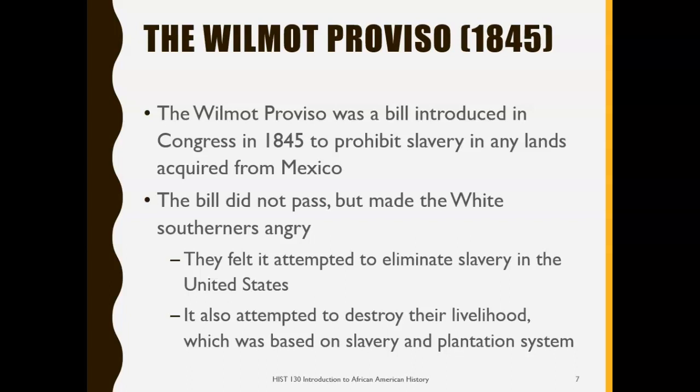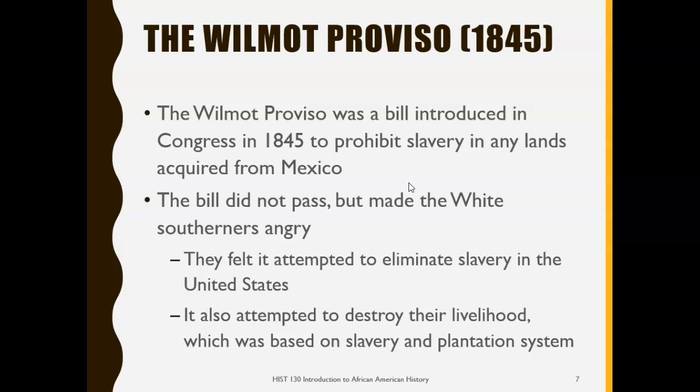The Wilmot Proviso was a bill, which means a law proposal, introduced in Congress in 1845 to prohibit slavery in any land acquired from Mexico. So you may know that the United States and Mexico had a war in 1845, and as a result of that war, the United States acquired the territories of Texas and New Mexico and California.